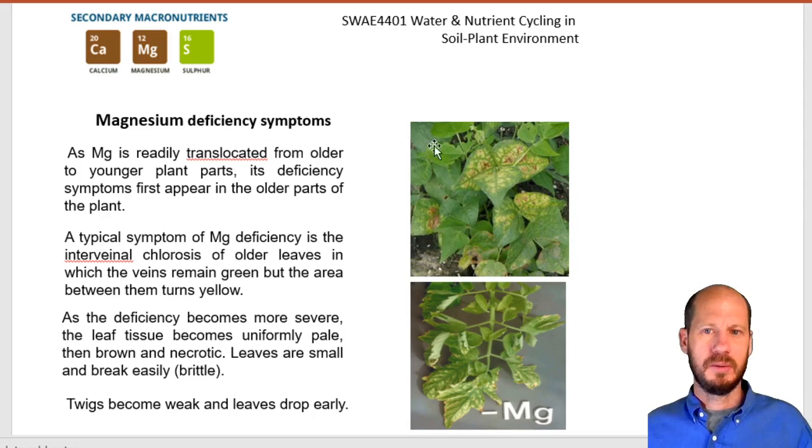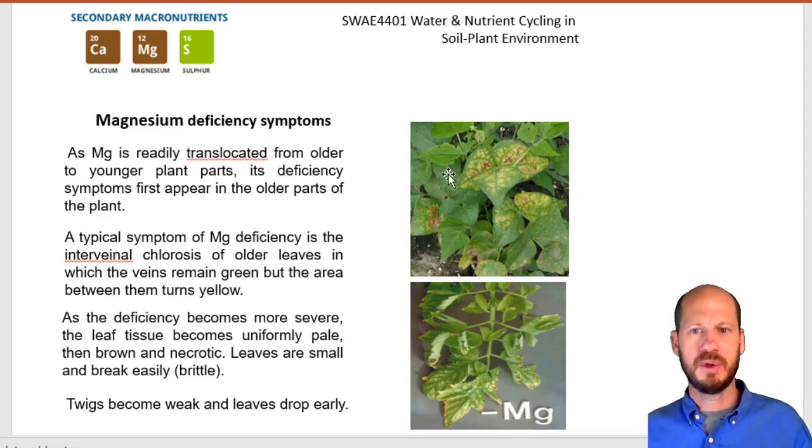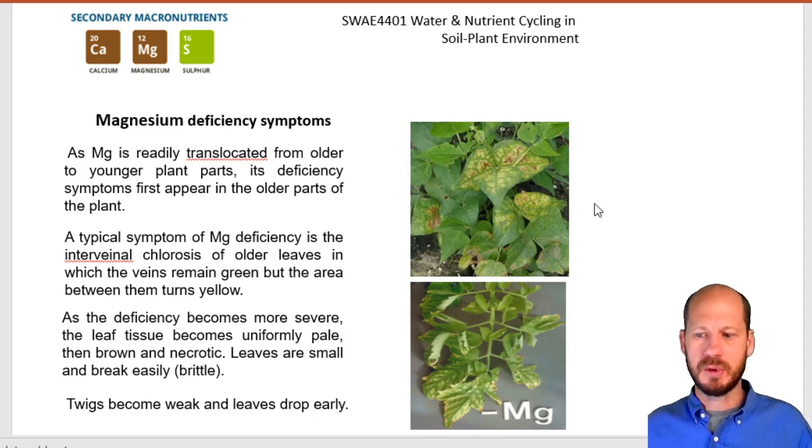So the magnesium deficiency tends to look a little bit like what you see for potassium. You have this interveinal chlorosis, because similarly to potassium, the magnesium can be transported. You can transport magnesium from old leaves to new leaves.